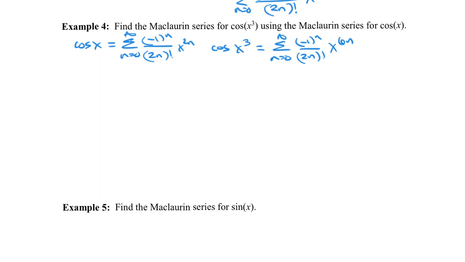And if you want to do the same thing with expanded form, well, we know cosine of x is equal to 1 minus x squared over 2 factorial plus x to the 4th over 4 factorial minus x to the 6 over 6 factorial plus dot, dot, dot.